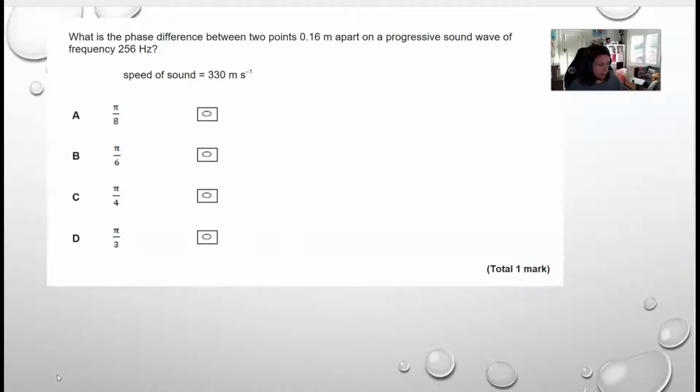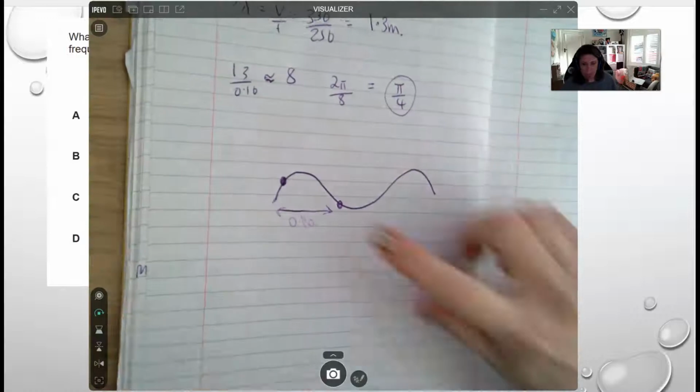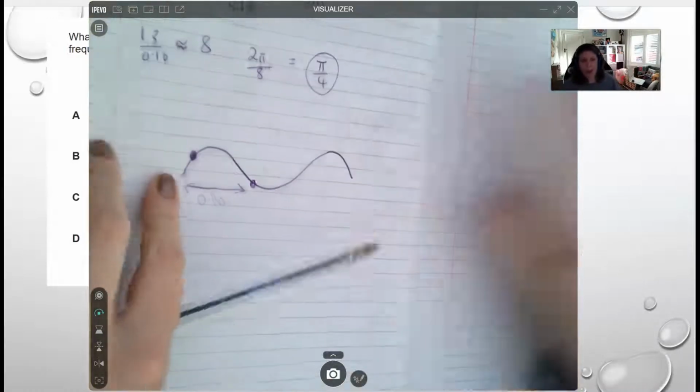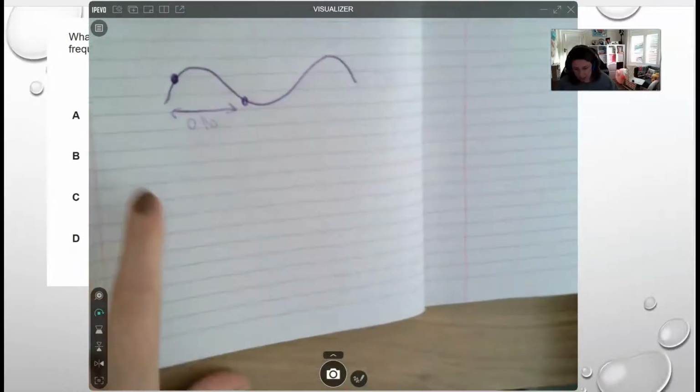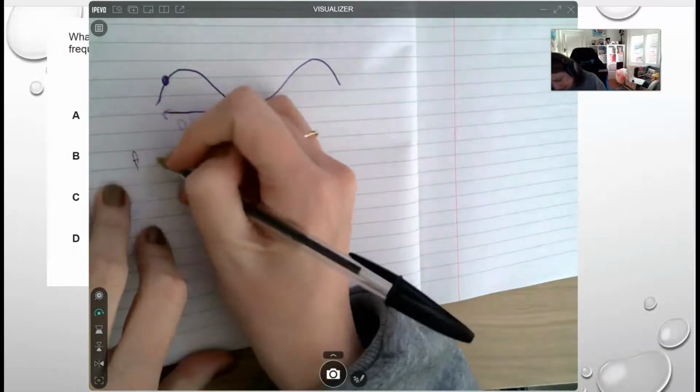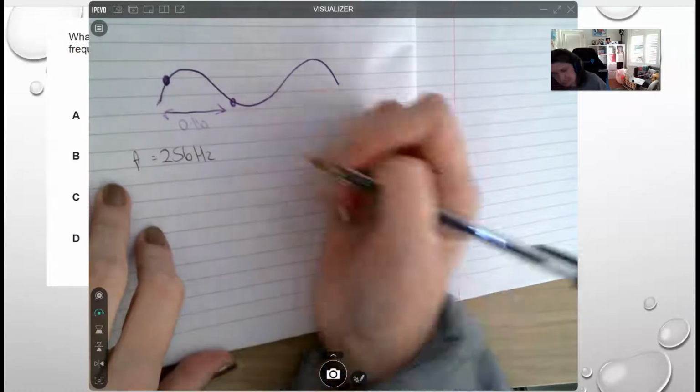Okay, so I'm going to show you how to figure out the answer to this. The answer is C. Okay, and I'll just show you how to do it. First of all, if we want to know what fraction 0.16 is of a wave, we need to figure out the whole wavelength. So we know that the frequency is 256 hertz.